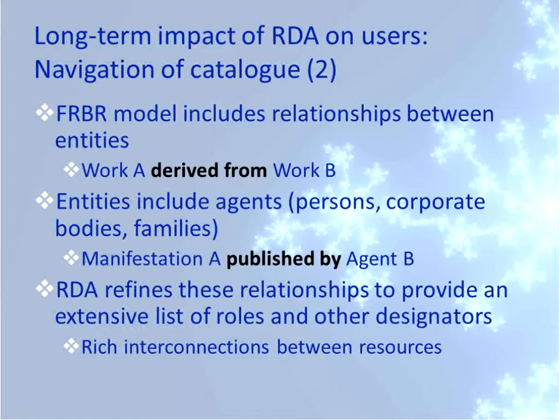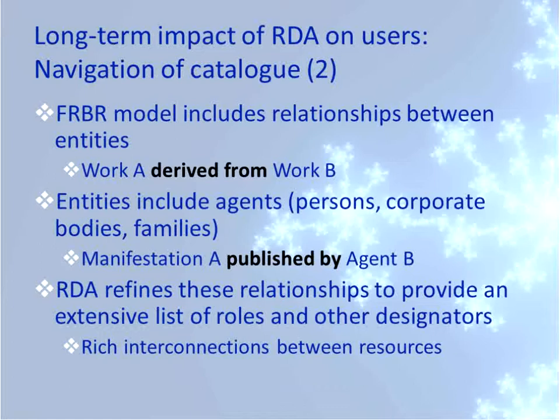But FRBR also provides rich relationships to relate agents, that's persons, corporate bodies, and families who are responsible for various aspects of works, expressions, manifestations, and items. Those agent entities can have relationships between them. Two people can be related in some way.